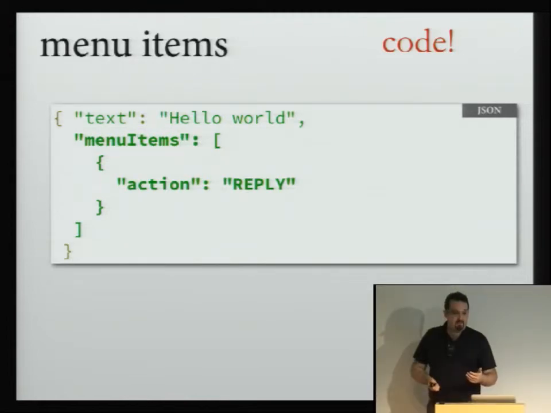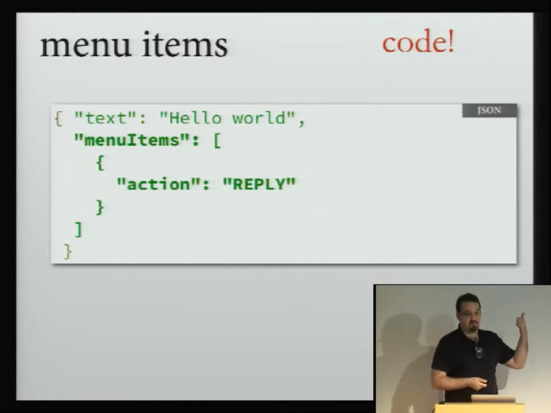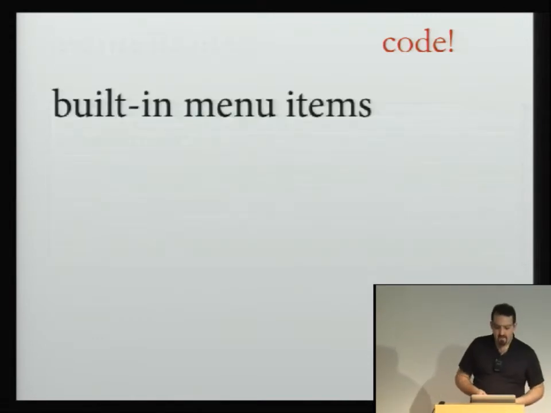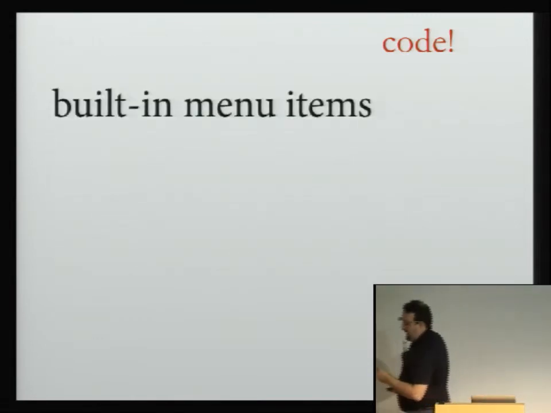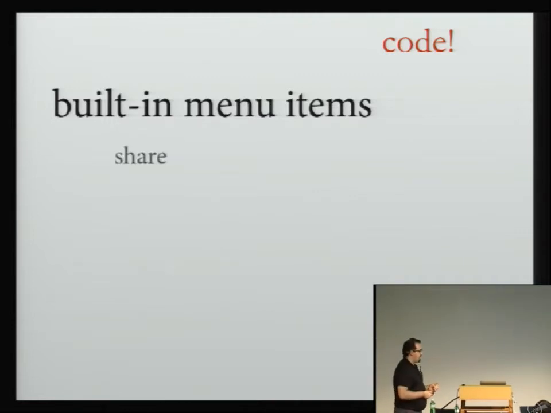About menu items, remember, menu items are actions that I can use on every card. It's just an array in JSON, saying I want to add this action. As I said before, we have two kinds of actions, built-in actions and custom actions. The built-in actions are, for example, share, which will trigger share on Facebook or Twitter.